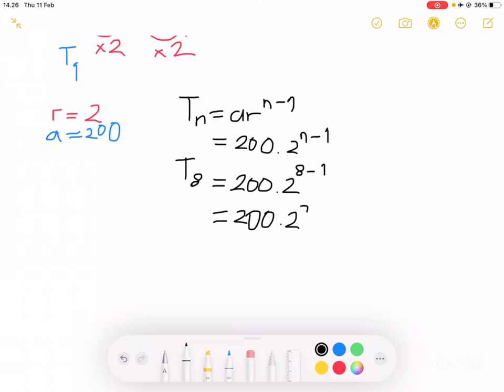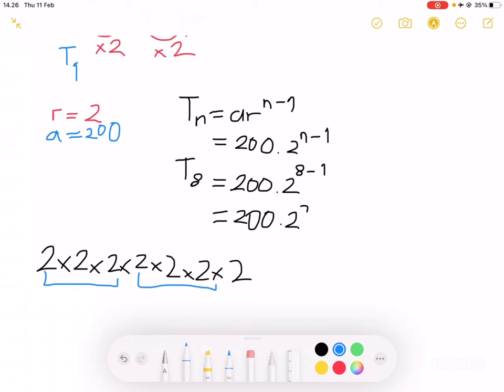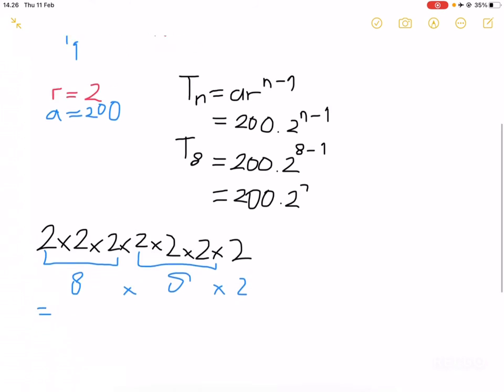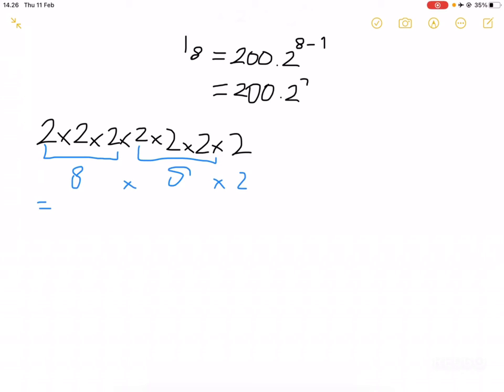Now 2 to the 7 is just multiplying by 2, 7 times. So something like this. Probably group some terms right here. 2 times 2 times 2 is 8, 8 and 2. Meaning this will be 8 times 8 is 64, times 2 will be 128.